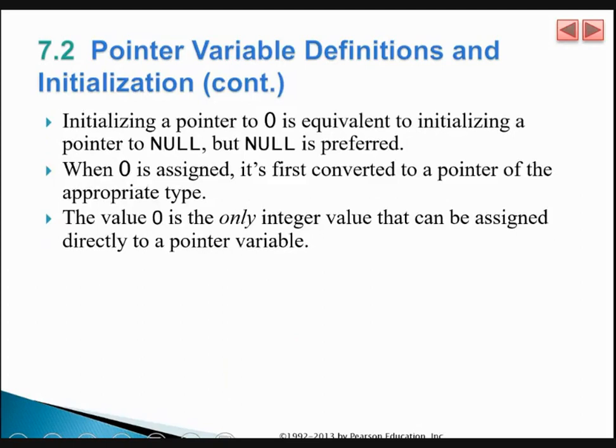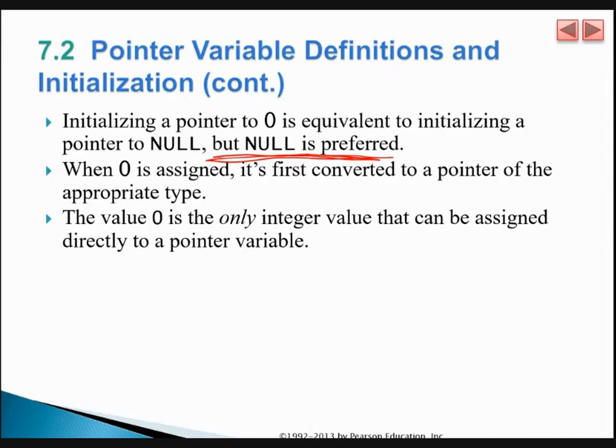Now, initializing a pointer to 0 is equivalent to initializing a pointer to NULL. But please remember, NULL is always preferred. From every point of view it will not create confusion, and it is the best practice. Whenever you do C programming in any of the companies, everybody will use NULL.